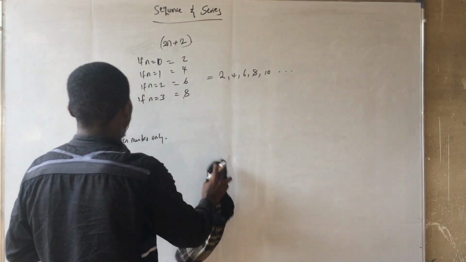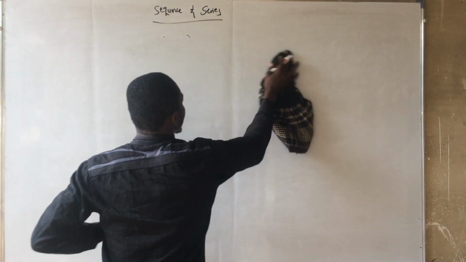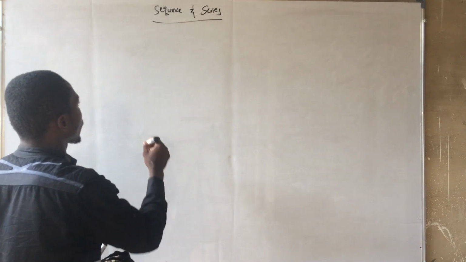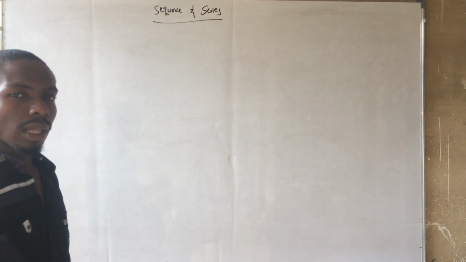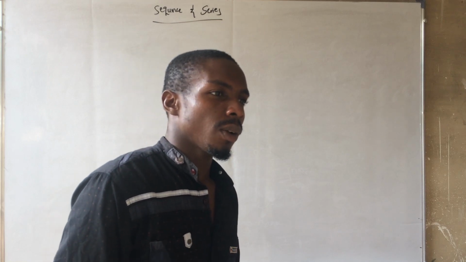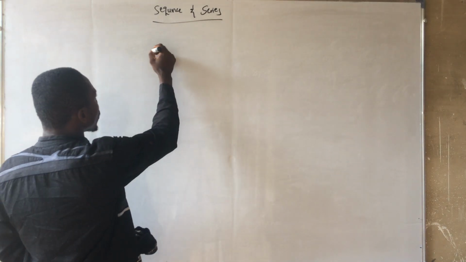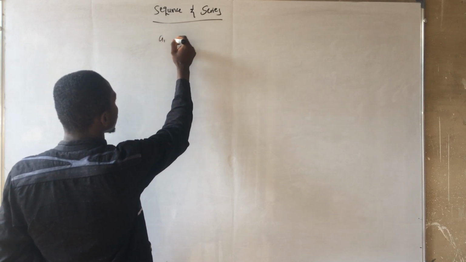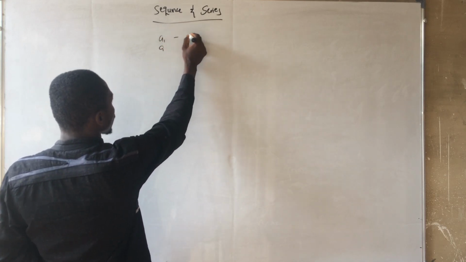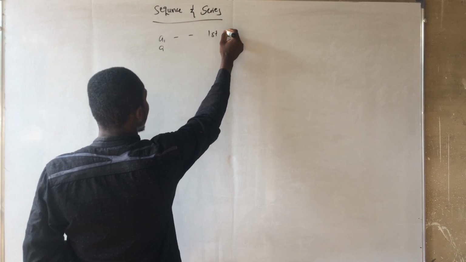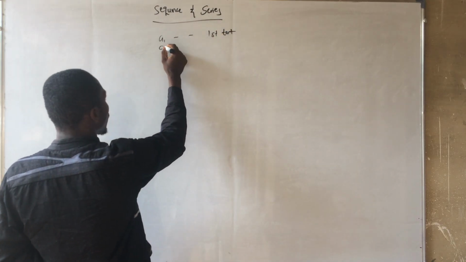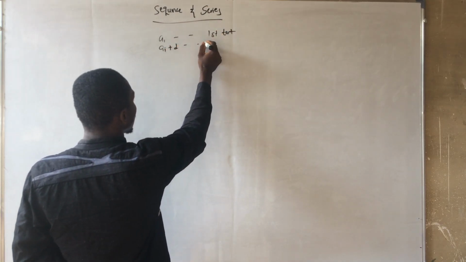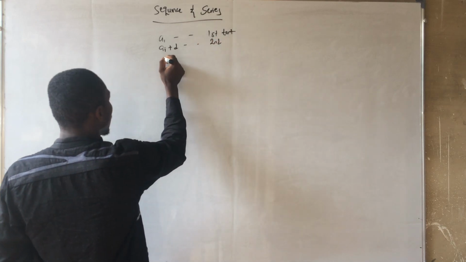And also, another mind said, what if you don't add? Because in arithmetic progression, A1 is the first term. A1 plus D is the second term.